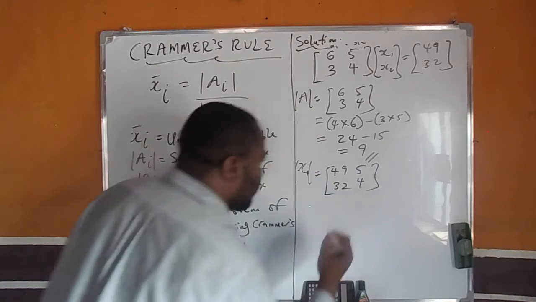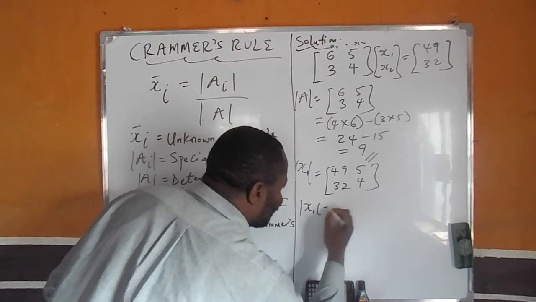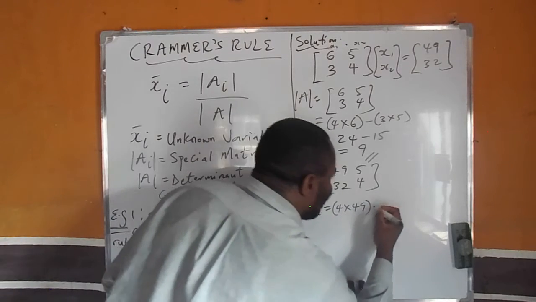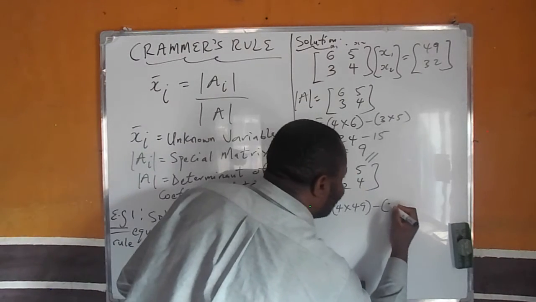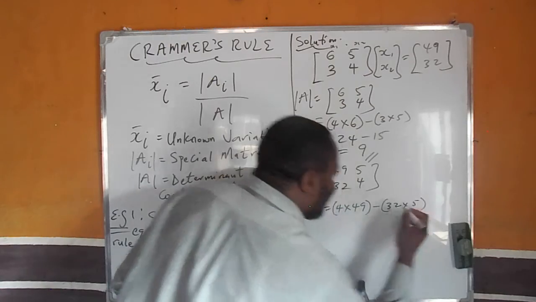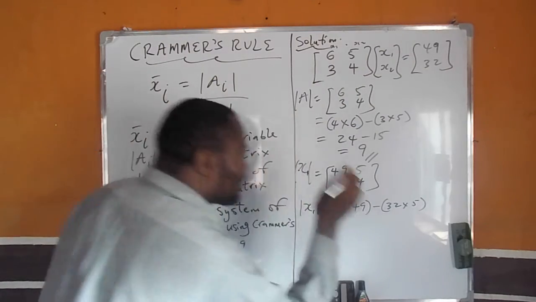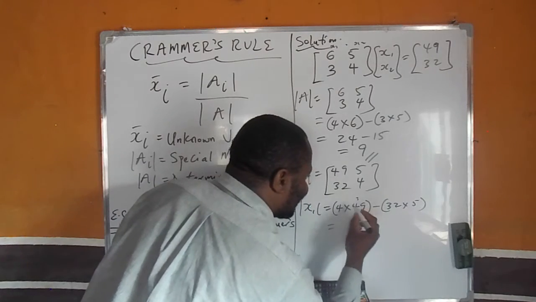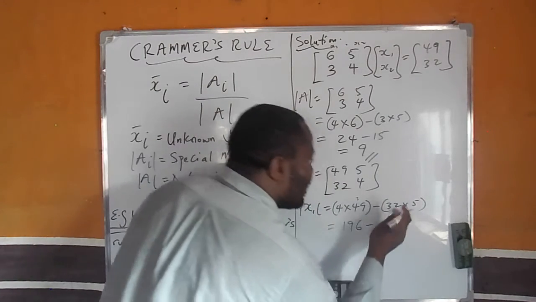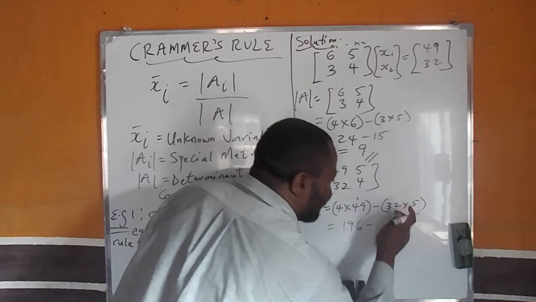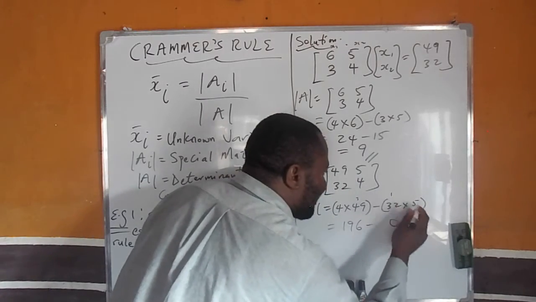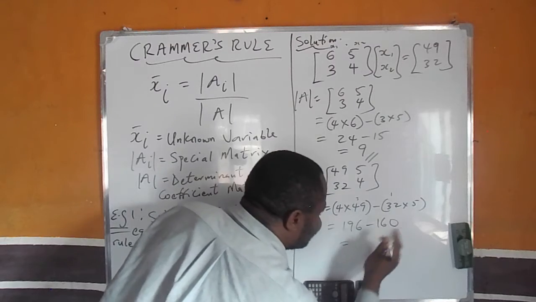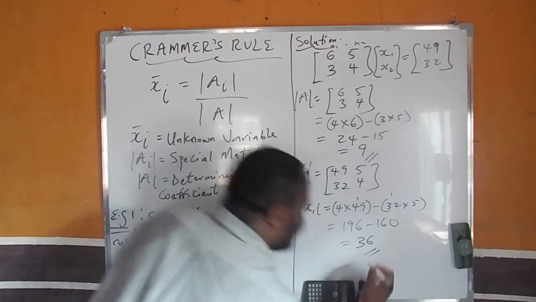Then the determinant of x1 equals 4 multiplied by 49, with the invisible minus, and then 32 times 5, which equals 196 minus 160, which is 36.